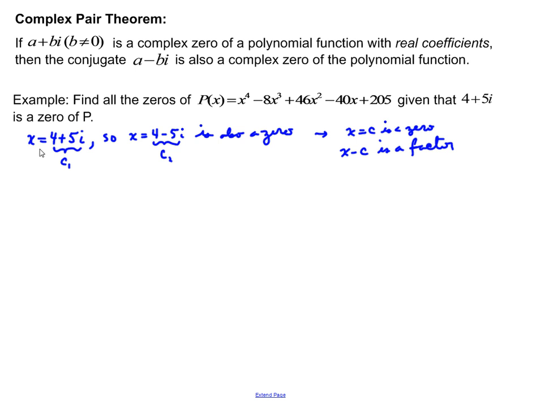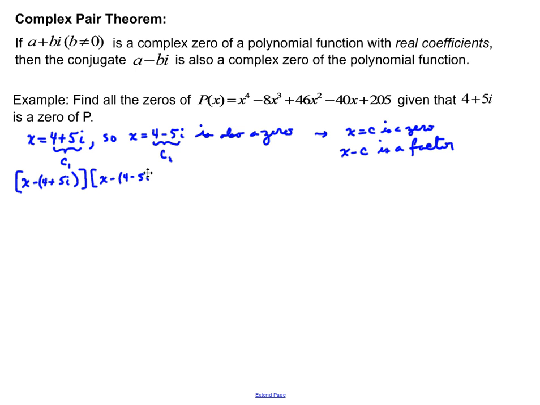So if x equals 4 plus 5i is a 0, then x minus the quantity 4 plus 5i is also a factor. Right, so we've got two factors here. We've got the factor x minus the quantity 4 plus 5i, and we'll have x minus the quantity 4 minus 5i.